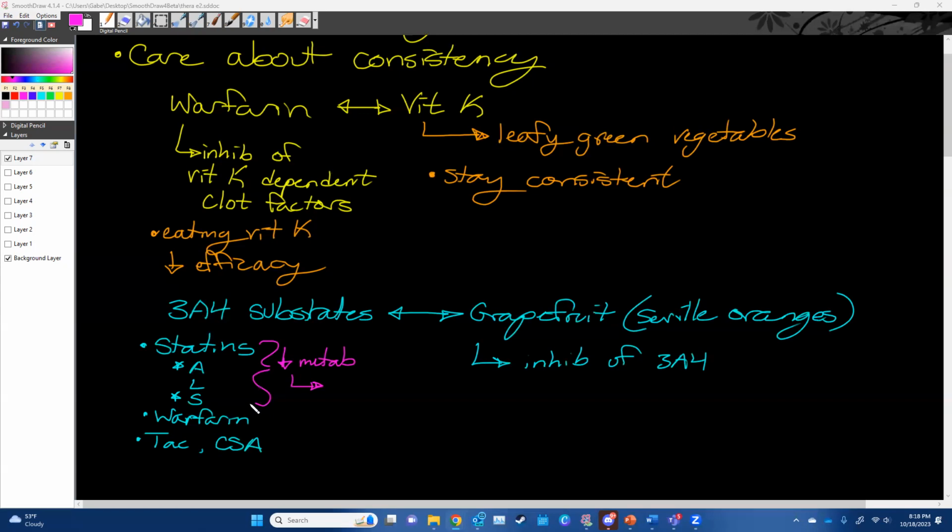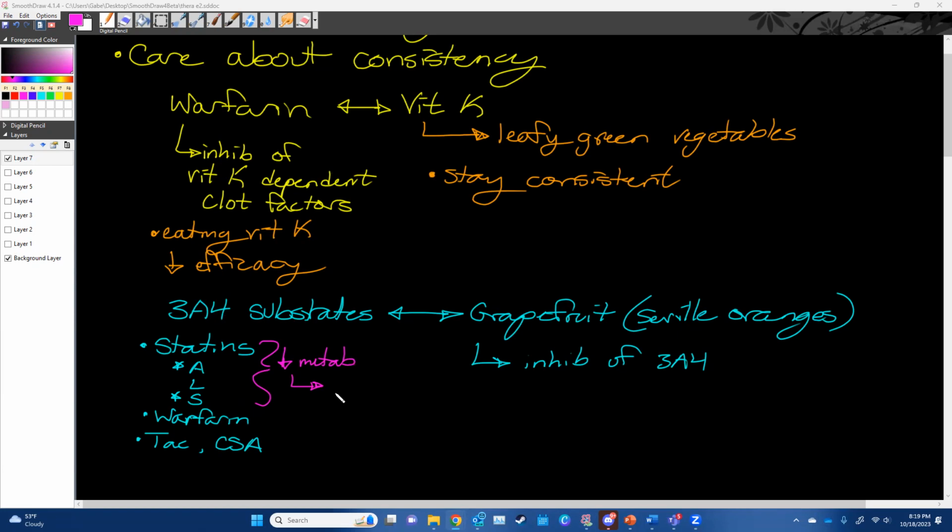major side effect that we should tell people on statins to look out for because they have too high levels? It can cause a kind of AKI. Specifically it has to do with the muscles.